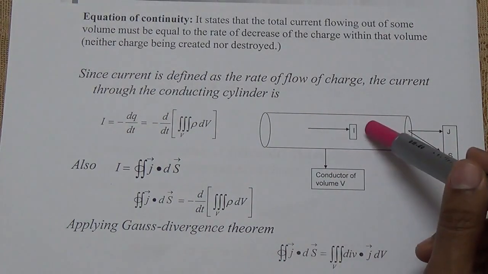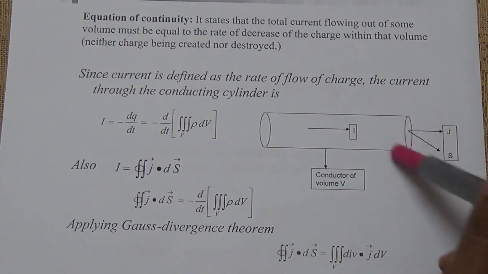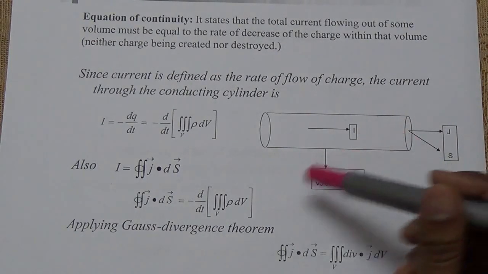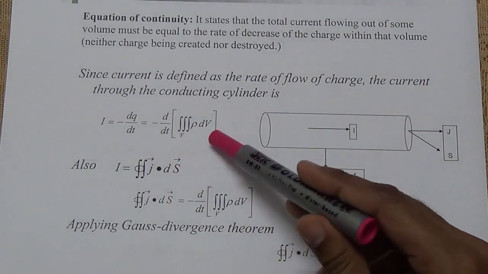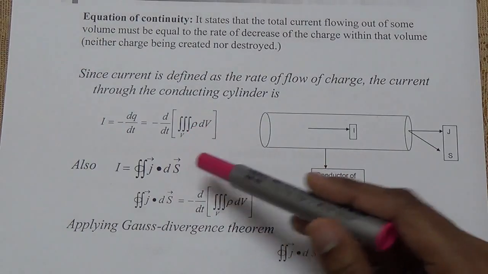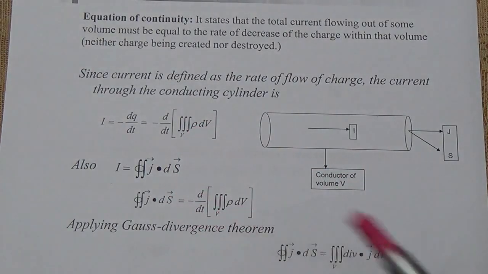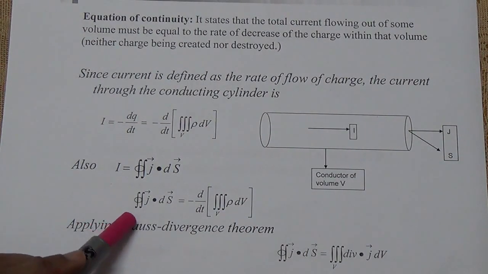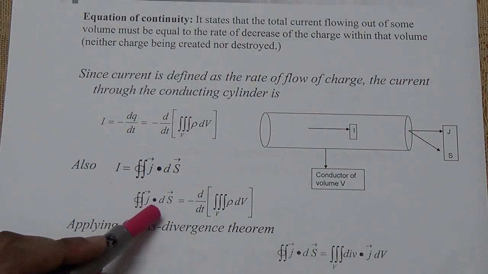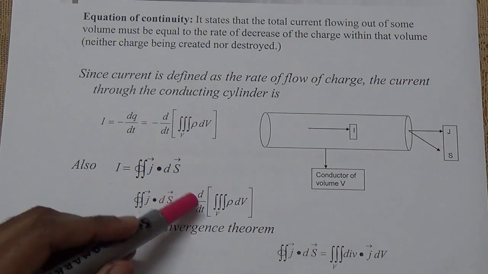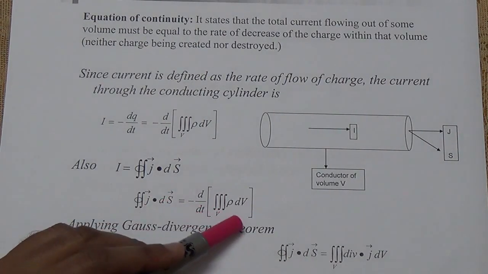These two equations should be the same. Keeping them equal, we get the result: the closed surface integral of J dot dS is equal to minus d upon dt of the volume integral of rho dV.